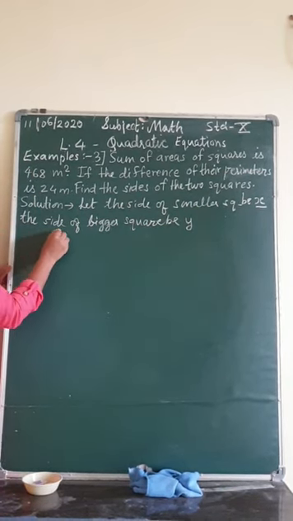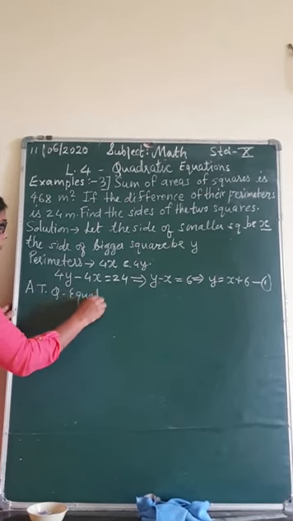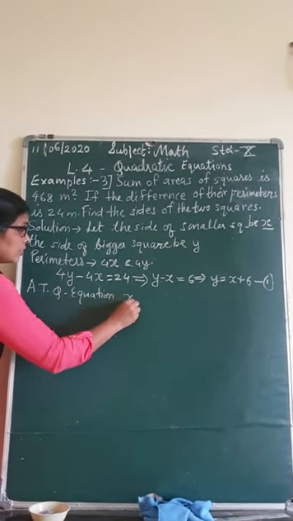Now we will see sum of areas of squares is 468. So here, according to the question, the equation will be square of x plus square of y is equal to 468.